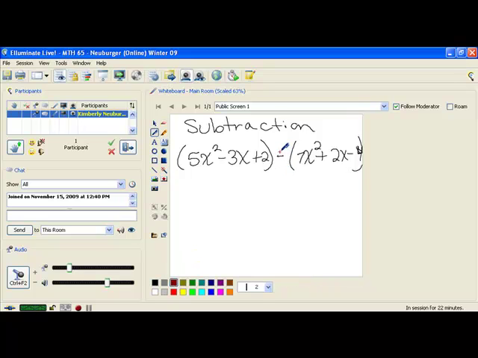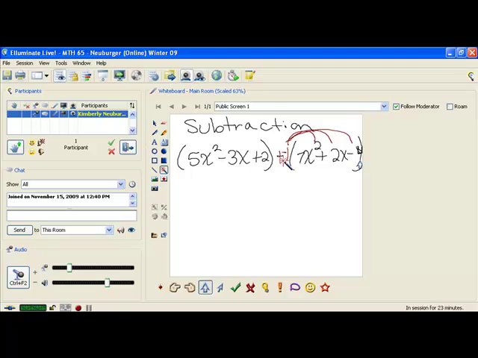So we changed the subtraction to addition, inserted a negative 1, and then distributed that negative 1 across the parentheses. The result was that the signs in the second parenthesis all changed. So this 7x squared turned to a negative 7x squared, this 2x turned to a negative 2x, and this negative 4 turned to a positive 4.